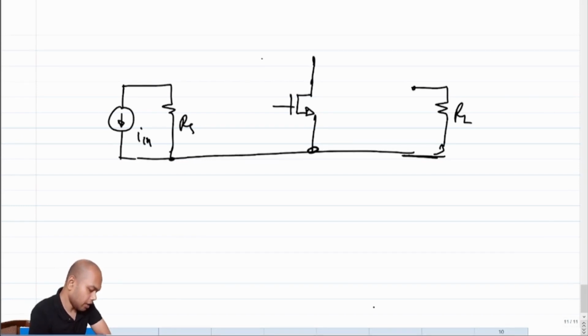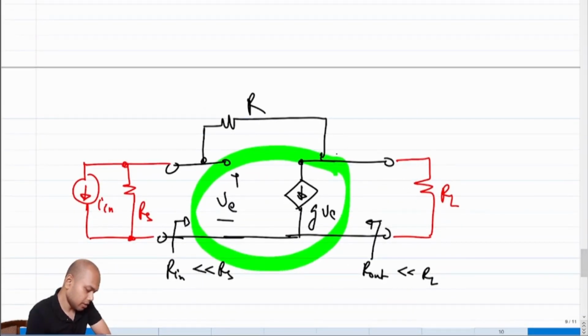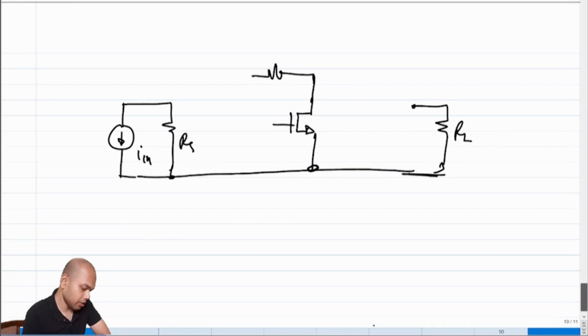We have a resistance between the drain, right? So let me mark the terminals here. This should be the drain, this should be the source, this should be the gate, correct? So we have a resistance between drain and the gate, and then we'll have to ensure that the inputs are also connected, right?